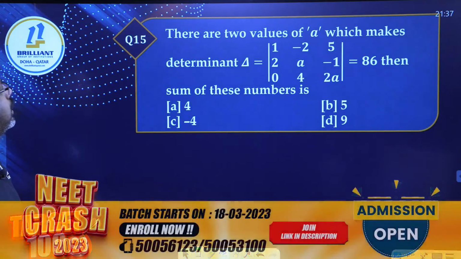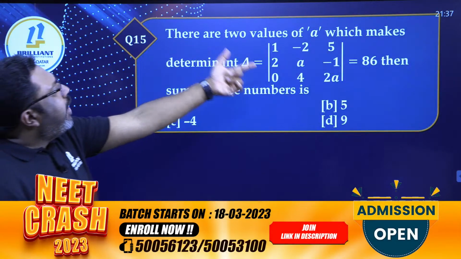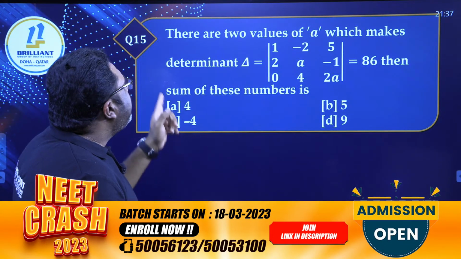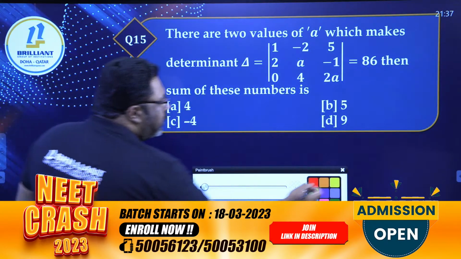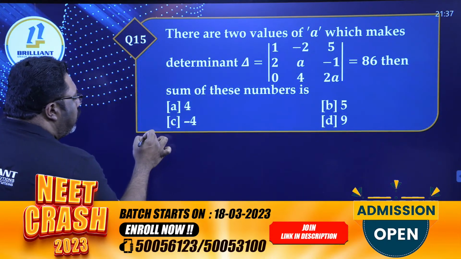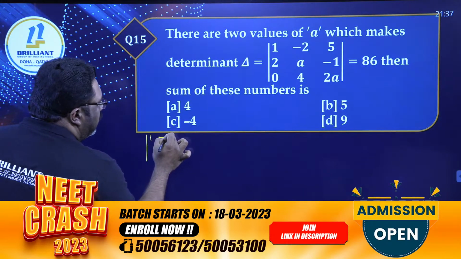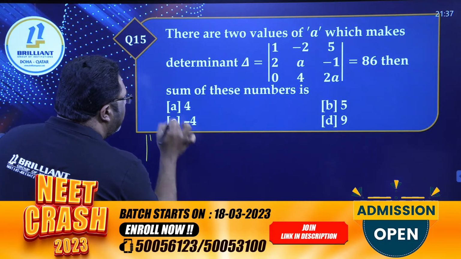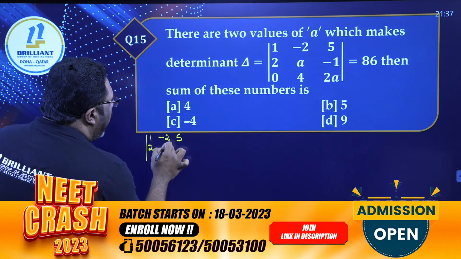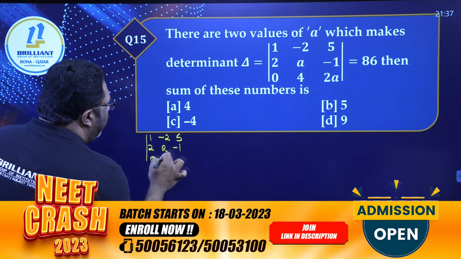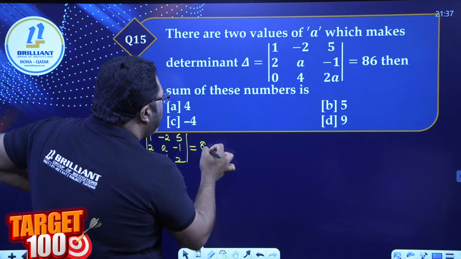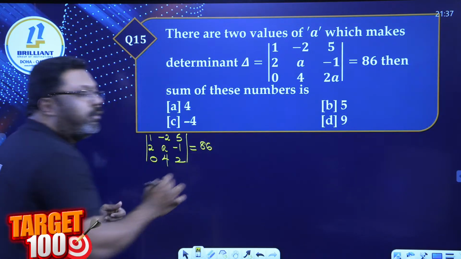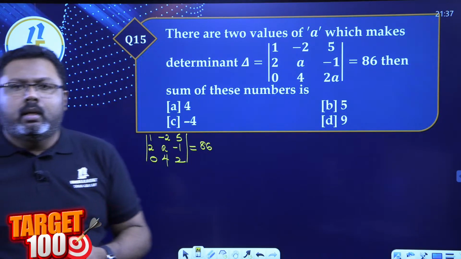Nothing creative. It's just a simple textbook question based on a 2 by 2 determinant. Moving on. There are two values for a which make the determinant equal to 86. The question is about a determinant which has an unknown value called a: 1, minus 2, 5, 2a, minus 1, 0, 4, 2. They said that if you solve this determinant, you will definitely get two values for a.